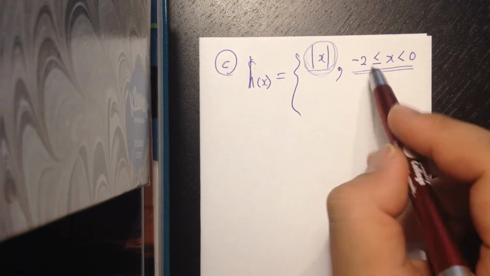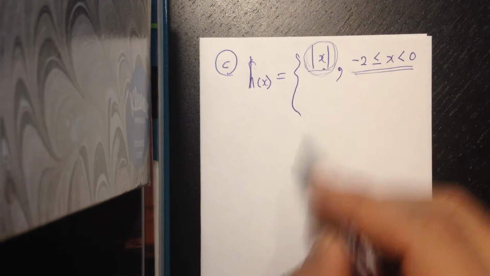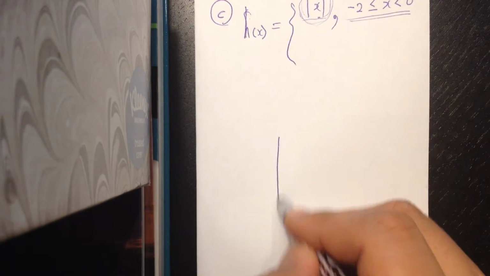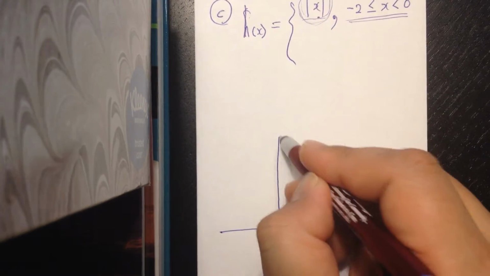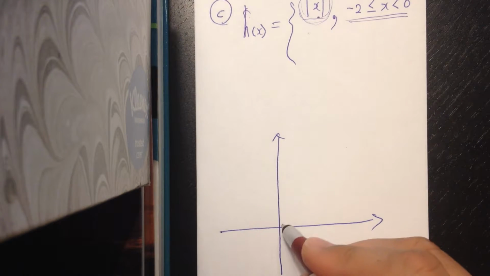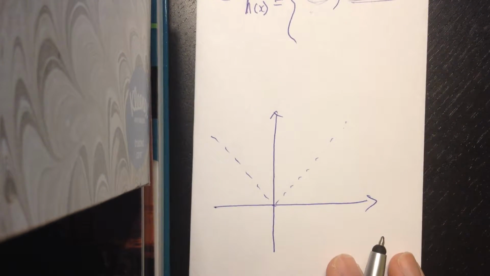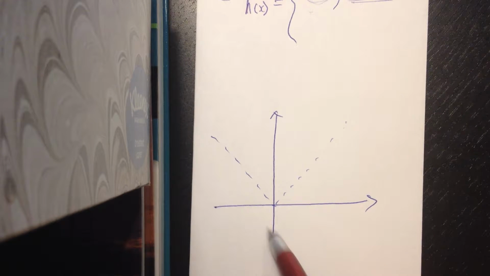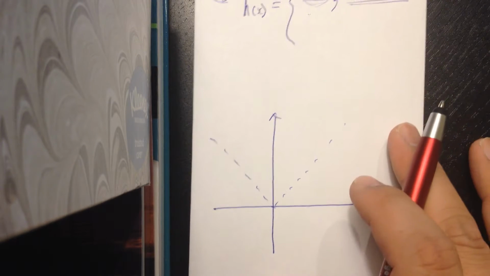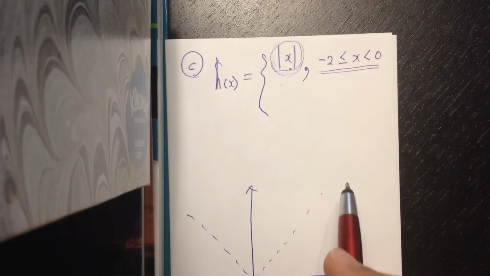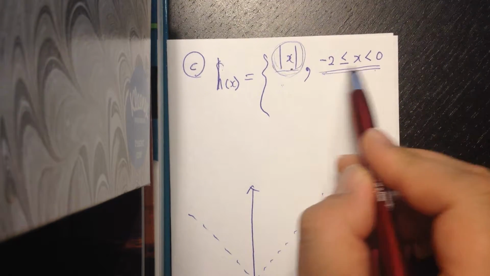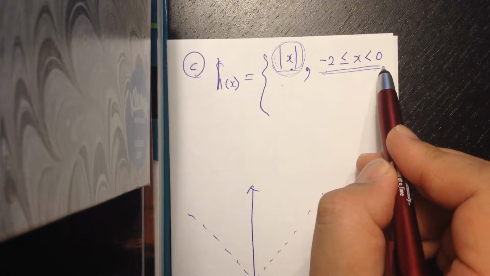In other words, let me come up with this graph here. I know absolute value looks something like this. But what we are interested in basically is any x value in between -2 and 0, including -2, not including 0.